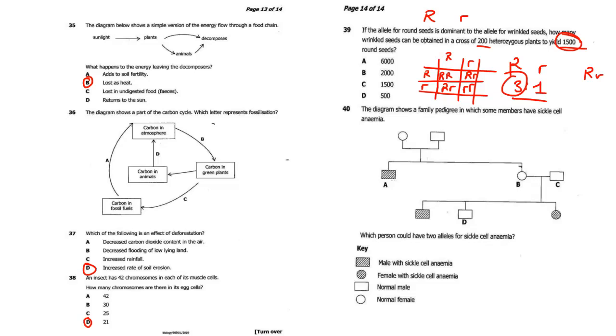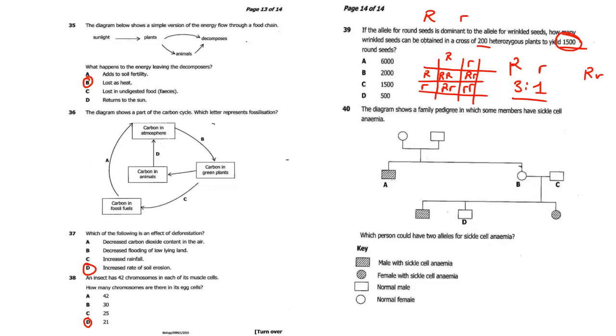Now that we have the cross and also the ratio, we just needed to pick the ratio of round to wrinkled, which is 3 to 1. We have to find the total.